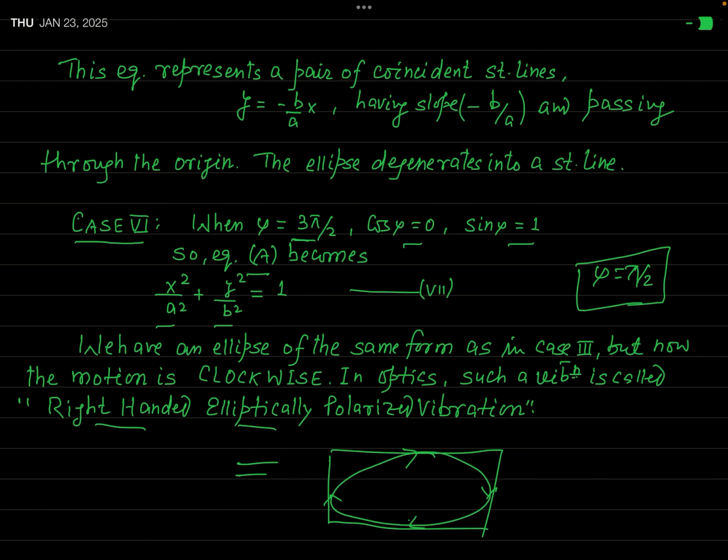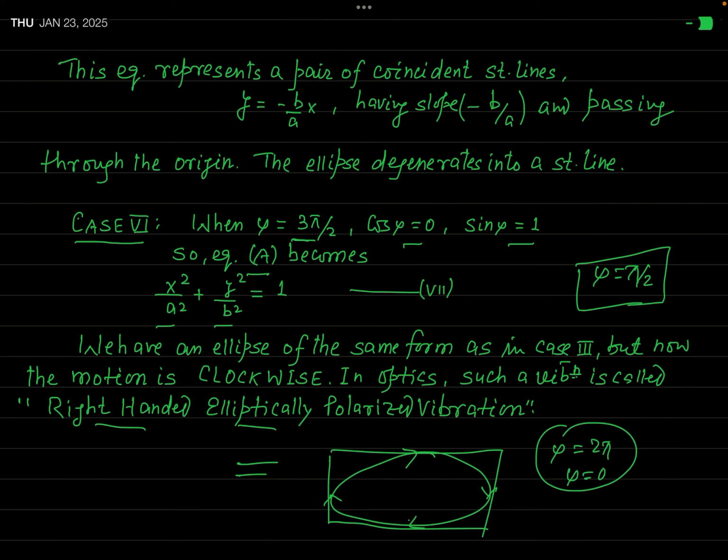So in this way, you can see the sequence of motion for the different values of phi from 0 to 2 pi. Here I have written phi, last case, equal to 3 pi by 2. But if you take phi equal to 2 pi, this situation is same as phi equal to 0.